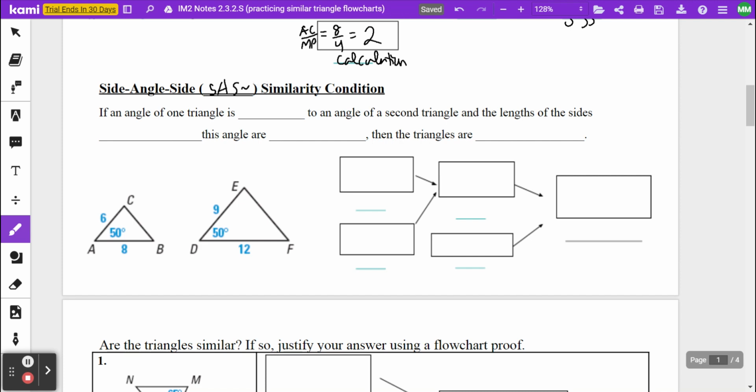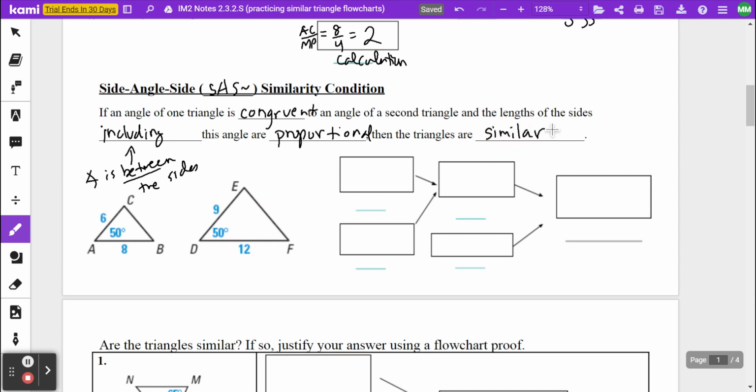If an angle of one triangle is congruent to an angle of a second triangle and the lengths of the sides including this angle, meaning the angle is between the sides, are proportional, then the triangles are similar.